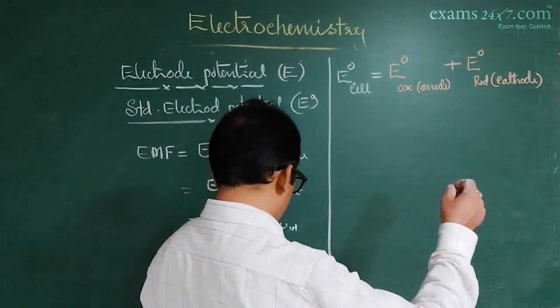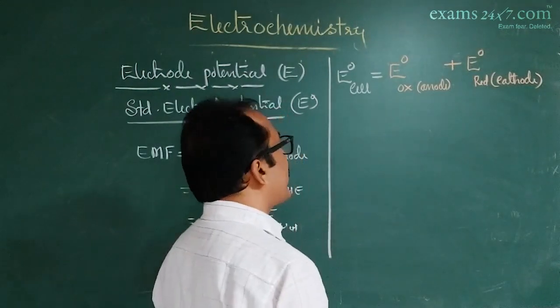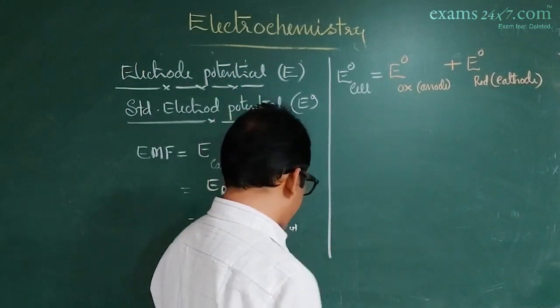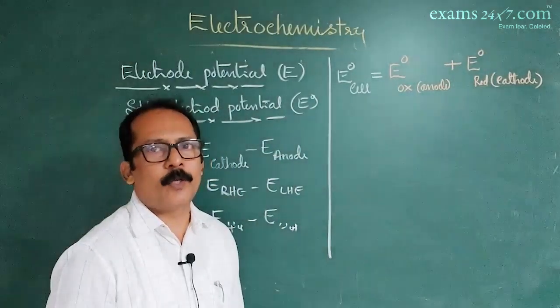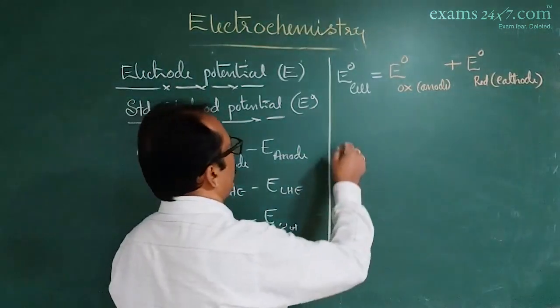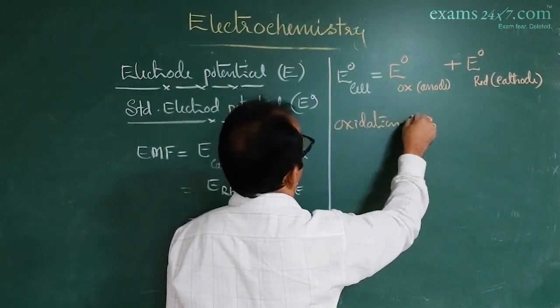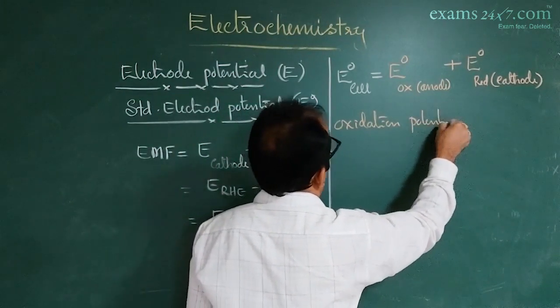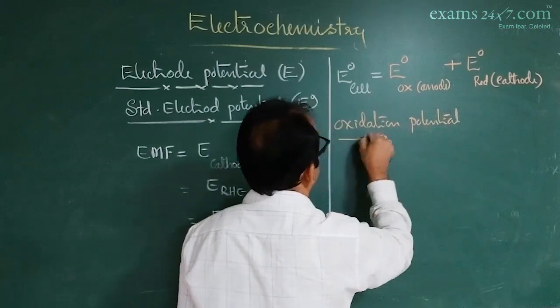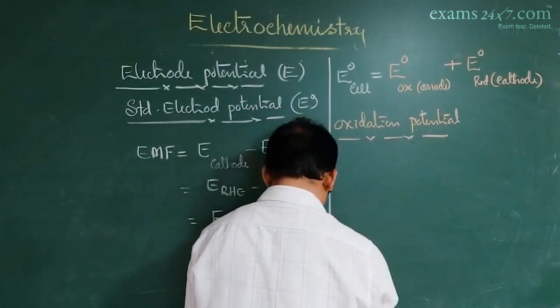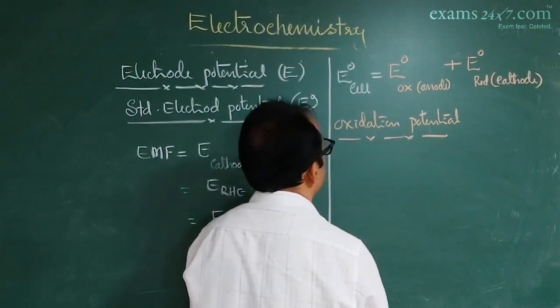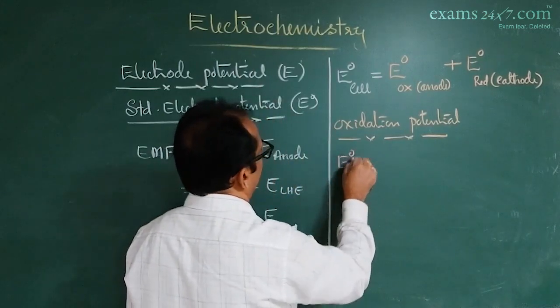So when only oxidation potential is known, in this case we can calculate E naught of the cell.